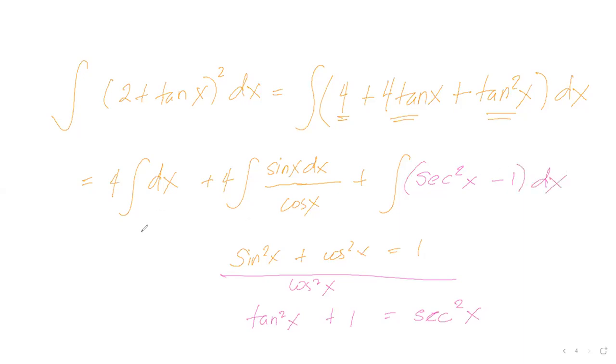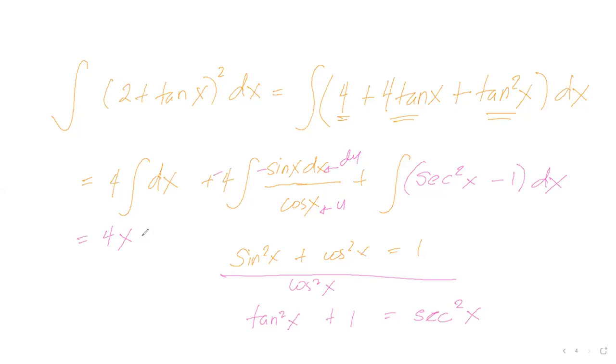Okay? Now, this one can be integrated. I'll write it here. That would be 4x. This one is your u. This one should be your du, provided there's a negative sign. And I'll place the negative sign as well here.